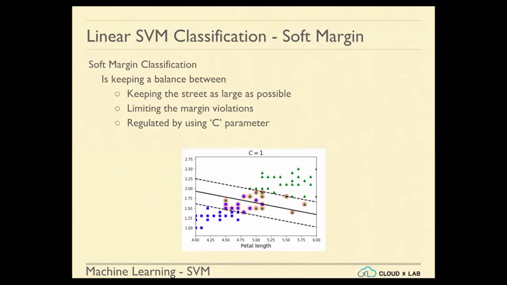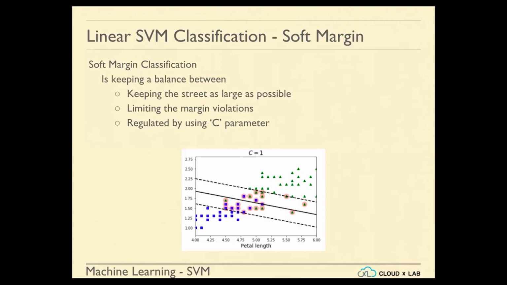That's soft margin. In case of soft margin, we try as much as possible to accommodate outliers.